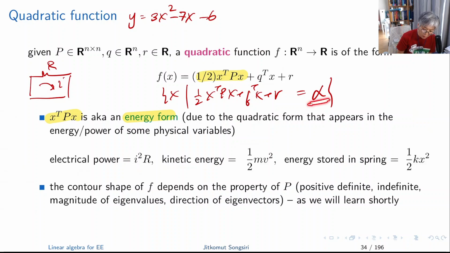As you vary the level alpha here, you get different contours. A short note here is that the contour shape of f depends on the property of P. It involves the properties that we call positive definite, indefinite, and so on. We're going to learn it in the next few videos.